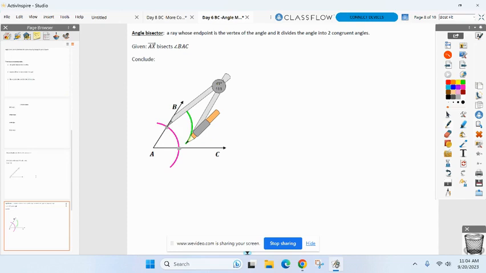And then guess where you're going to put your next compass point? Where am I going to have you put your compass point now? Probably on the other point of intersection, yeah. So the arc 2 and the last arc intersect each other. So move up your compass to the other point of intersection and make arcs 2 and 3 intersect. Again, the first arc is just there to establish points of intersection. The next 2 arcs are the ones we need to intersect.